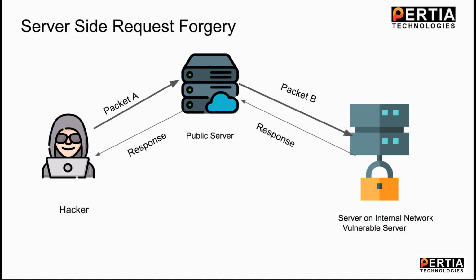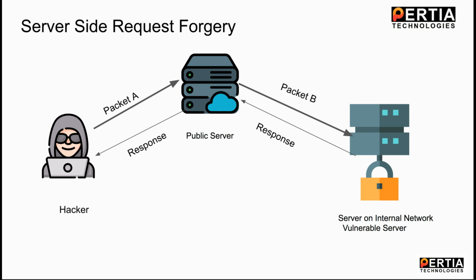Now let me understand this with an example. Let's consider that your application allows you to fetch the latest weather data. So you enter your city and the application fetches weather information from a trusted weather website. But what if the attacker changes the URL to a different one, say an internal resource or the server itself?